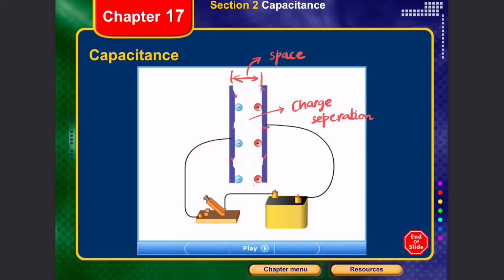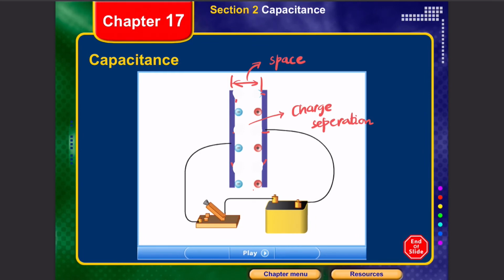The plate that has negative charge will stay negative, and the one with positive charge will stay positive. Once charge separation occurs, this is the point where we say that this particular capacitor is charged.